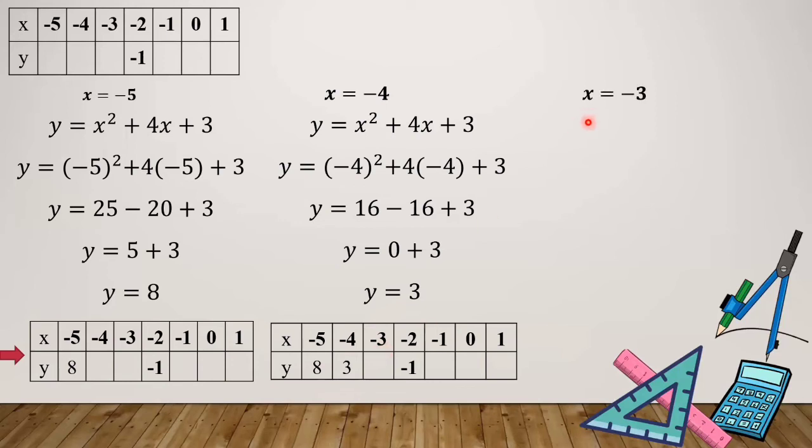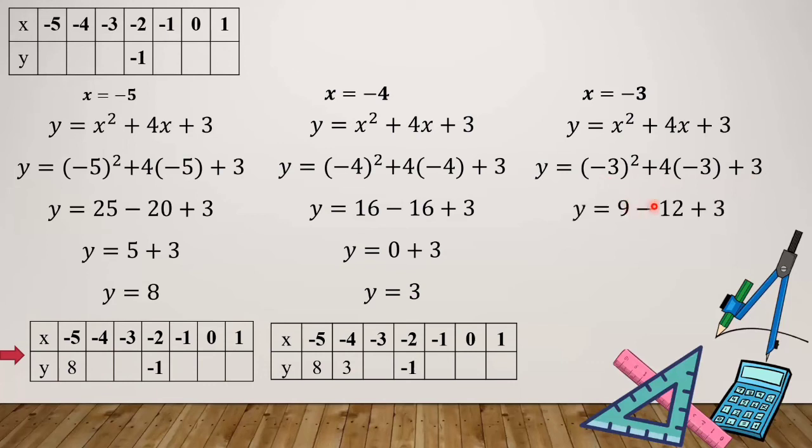Again, using the original equation, y is equal to x squared plus 4x plus 3, we substitute the values of x, which is negative 3. So it will become y is equal to negative 3 squared plus 4 multiplied by negative 3 plus 3. Negative 3 multiplied by negative 3 is equal to positive 9. 4 multiplied by negative 3 is equal to negative 12.